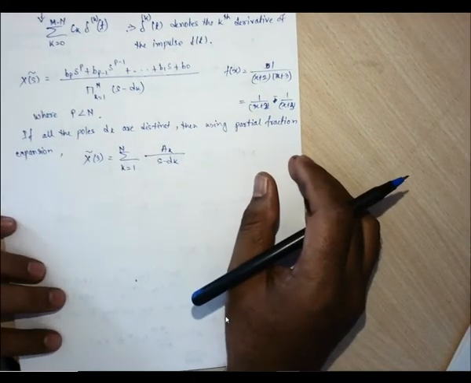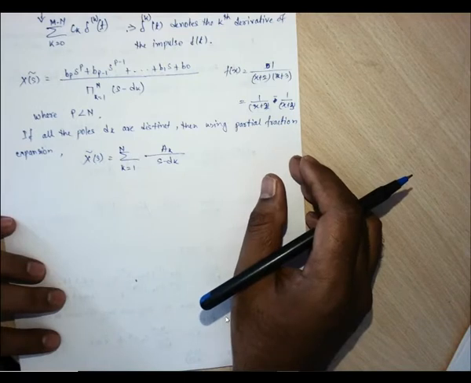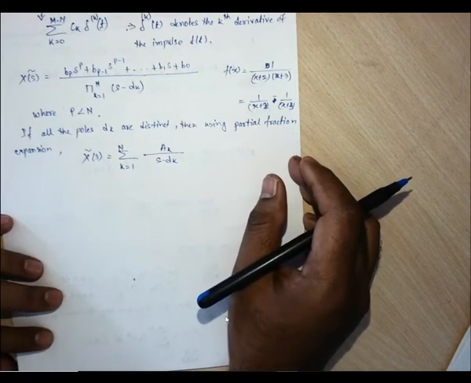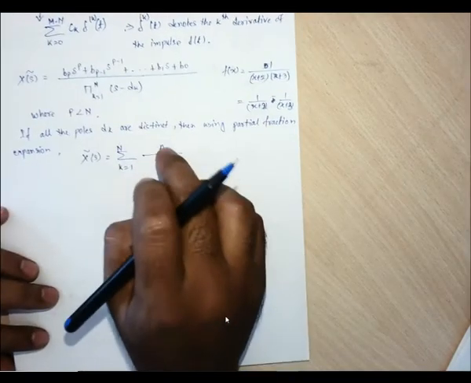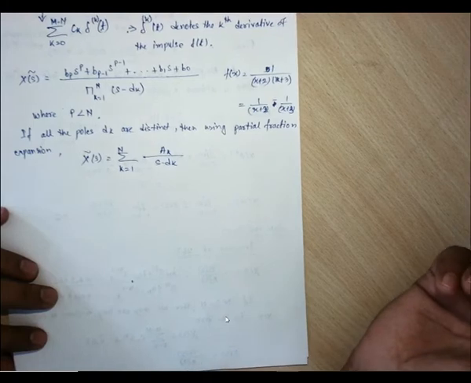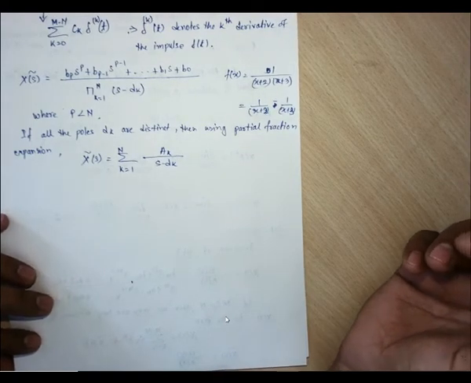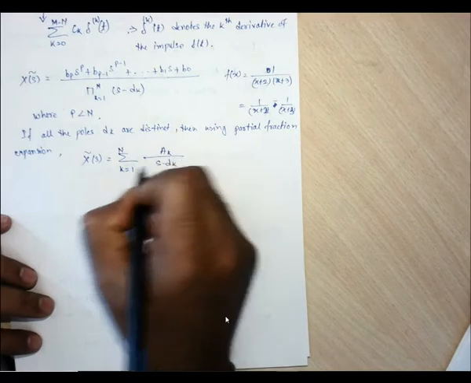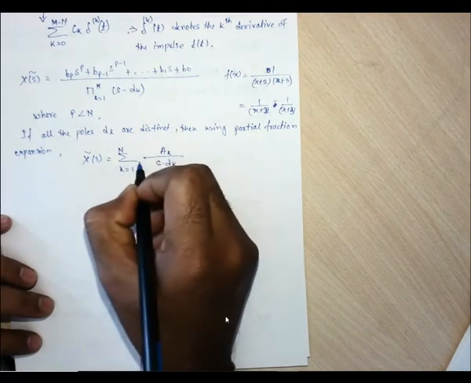Now here this ak are determined using the method of residues. If you can remember from mathematics, we can find this ak by the method of residues, or by solving a system of linear equations. So the inverse Laplace transform of each term of this summation can be found out.